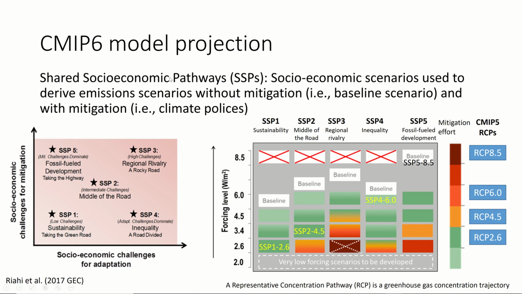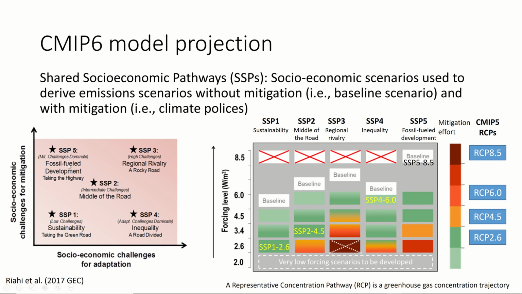So here, again, somewhat similar to CMIP4, where you have socioeconomic pathways, although it's different, it's the same idea. And somewhat similar to CMIP5, where you have forcing levels.